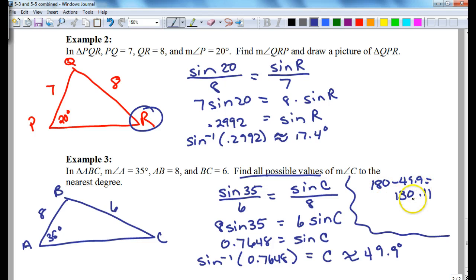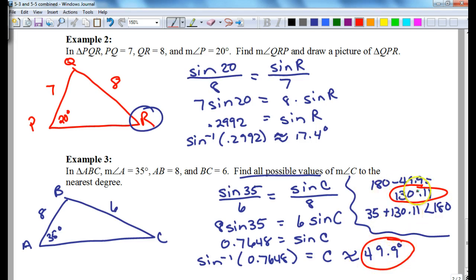So yeah, it's still possible that it works because if 35 plus 130.11 is less than 180, then that means this is a possible answer. So there's two possible answers for this.